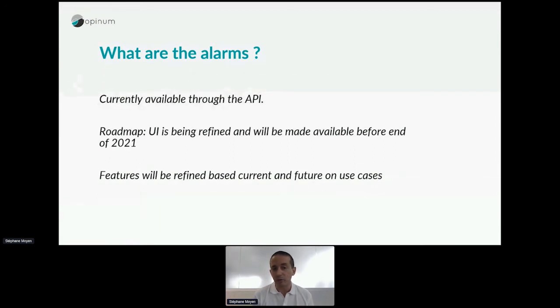So I'm going to show you a preview of this user interface today, but it's not available right now in Data Hub. Also, the features that are currently present in the product are going to be refined based on the current use that we can see, and also on future use cases.